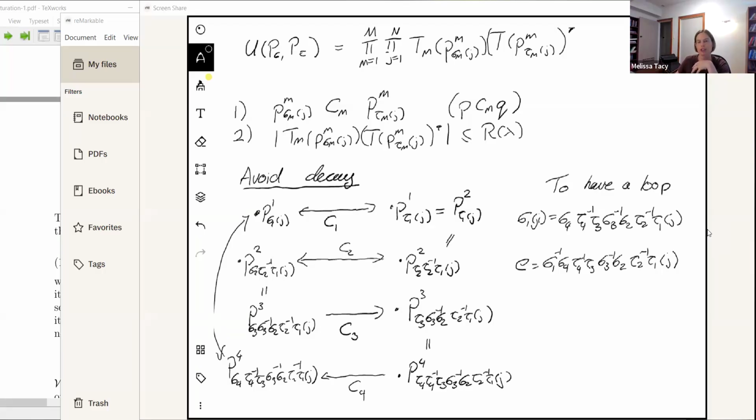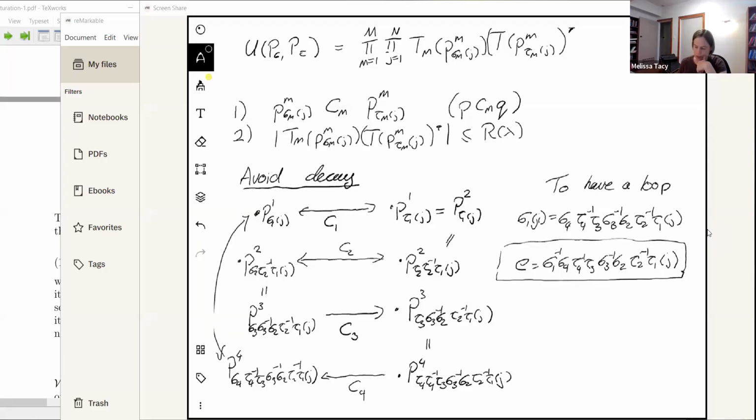My trace should contain all of the elements P sigma, P tau that obey this looping condition. And for those ones, I'm going to be able to draw a diagram between their elements. And so that's how I'm going to relate my question about the diagram to my estimates in terms of the trace bound.